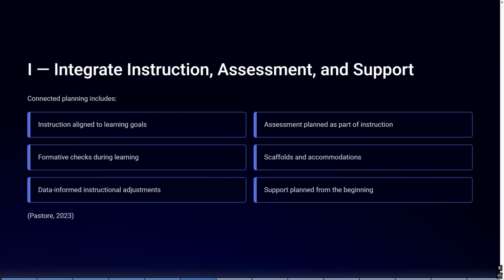Pastor's systematic review of teacher assessment literacy supports the importance of helping educators connect assessment knowledge to classroom practice. Supports such as scaffolds, accommodations, graphic organizers, models, and feedback structures should also be planned intentionally rather than treated as afterthoughts.